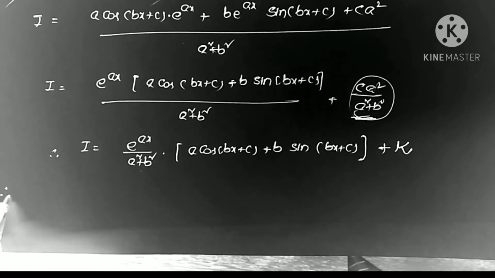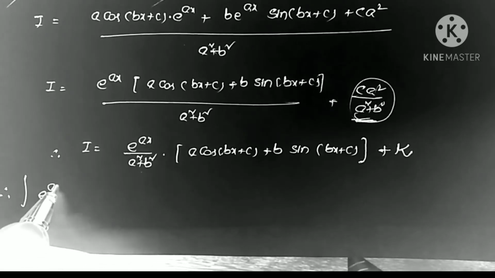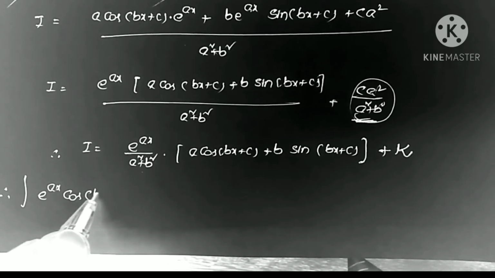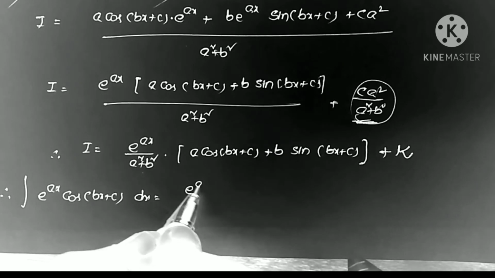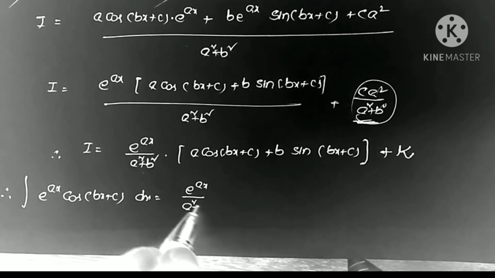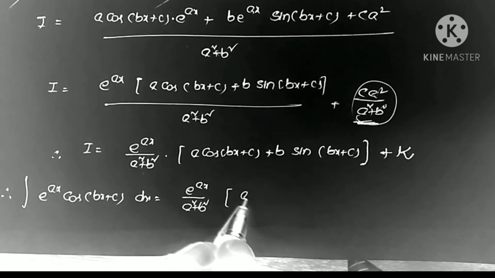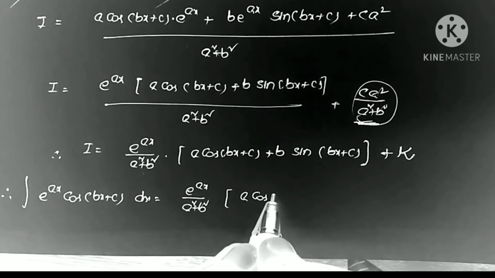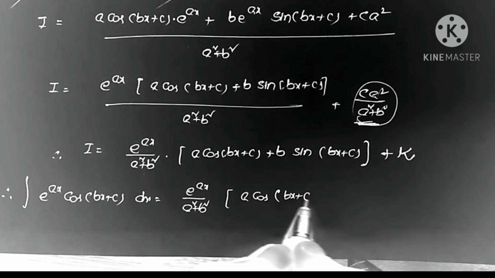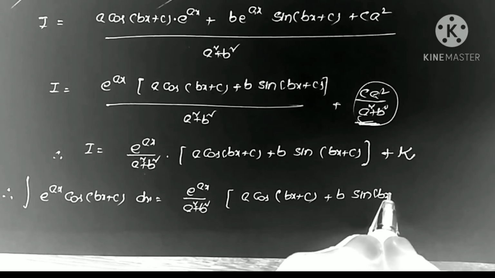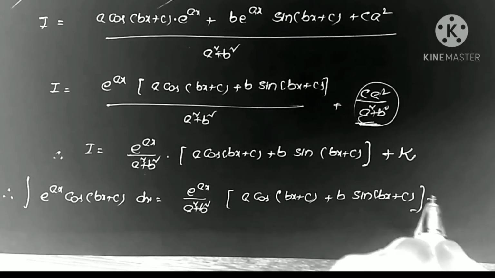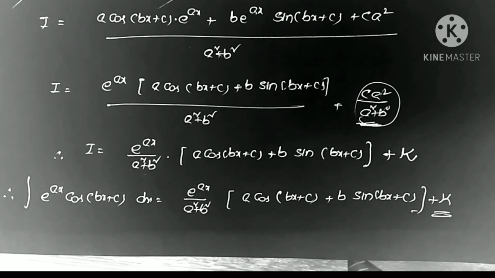Therefore the given problem, integral e^(ax) into cos(bx + c) dx, has the answer e^(ax) by a² + b² into [a cos(bx + c) + b sin(bx + c)] plus constant, that is plus k. This is the most important formula for objective problems.